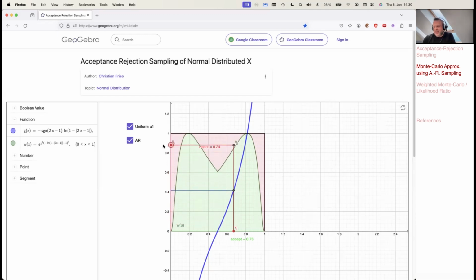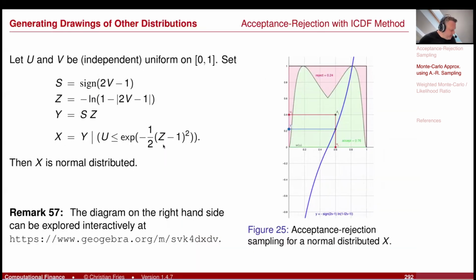So instead of throwing away some points, multiplying with 0, or keeping some points, multiplying with 1, I could just multiply with the relative frequency of these points. So we could decide what is the proportion between that part and that part. And instead of multiplying with the indicator, we keep the point, but we multiply with this weight.